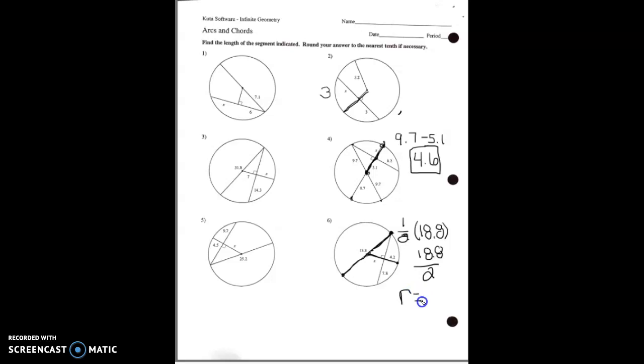So all the radius pieces are 9.4. But that's not where the x is. The x is only on a part of that. So the x is here. It's on a part of our radius. So we have to use this 4.2 as well. So we have to take 9.4 minus 4.2 to get our x value, which happens to be 5.2.